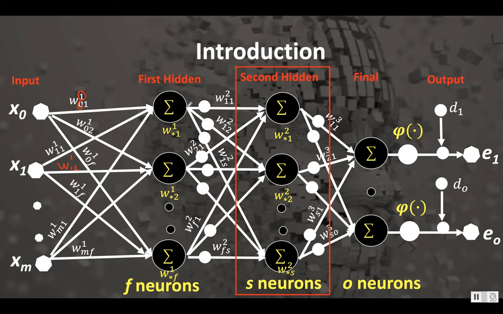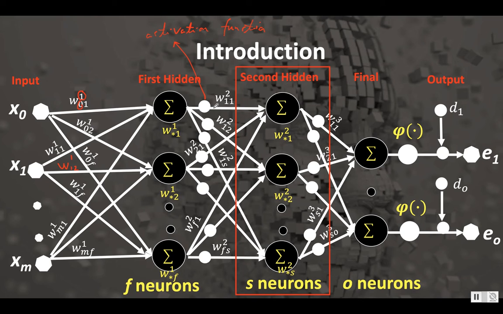And then the output of each neuron goes through an activation function. So here is an activation function. Then we have the output.